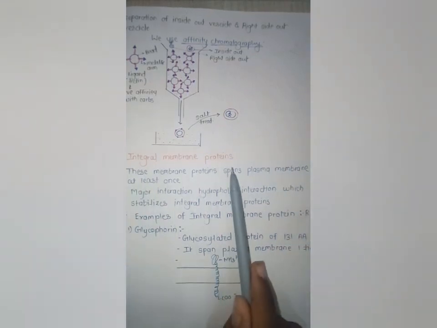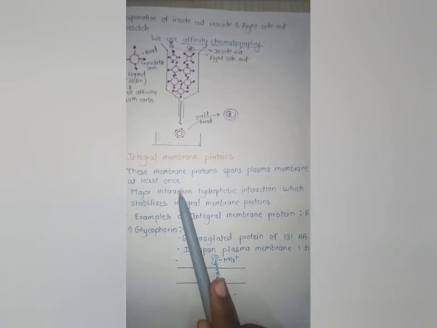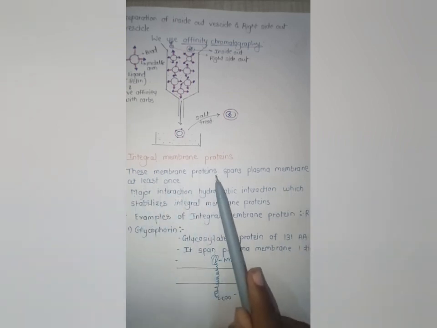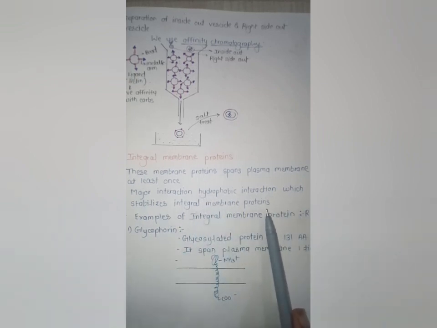Then we see integral membrane proteins. These proteins span the plasma membrane at least once. Spans means they enter into the plasma membrane. The major interaction is hydrophobic interaction, which stabilizes integral membrane proteins. An example of integral protein in RBC is glycophorin.